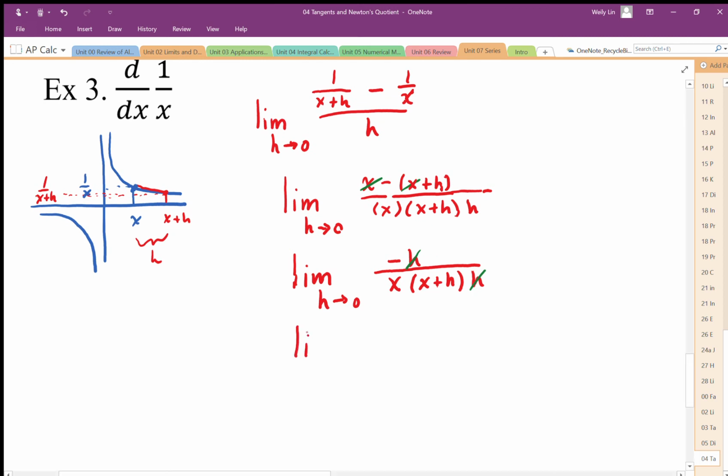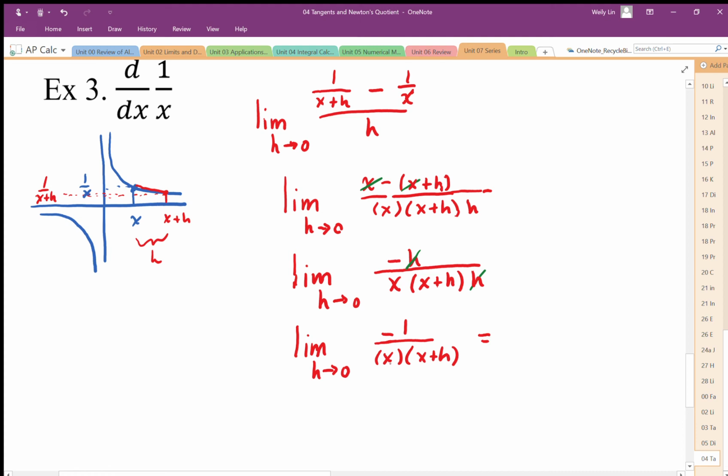And so we end up with the limit as h goes to 0 of negative 1 over x times x plus h. That plus h being 0 is no longer a problem, so I'm going to evaluate my limit.